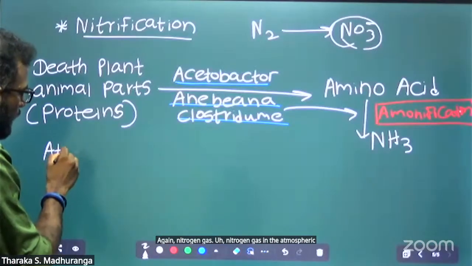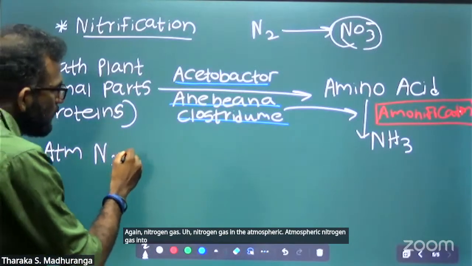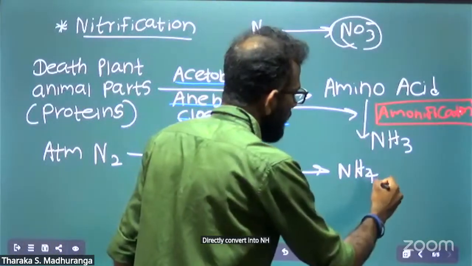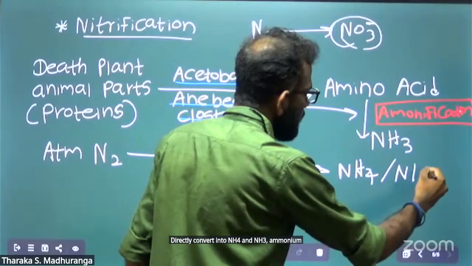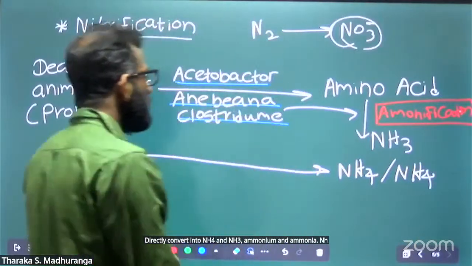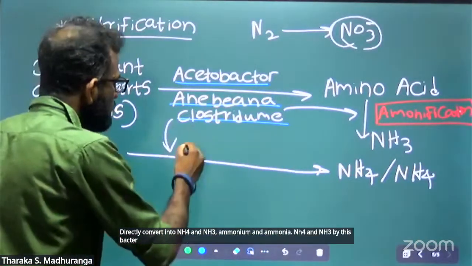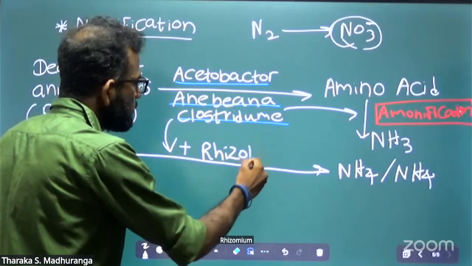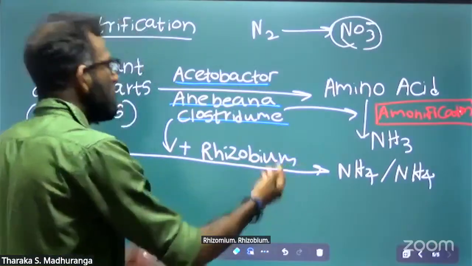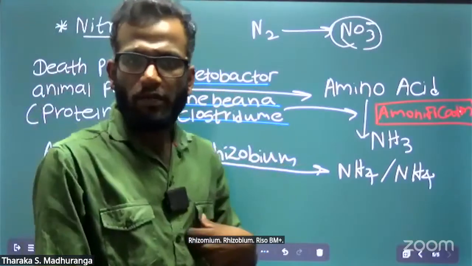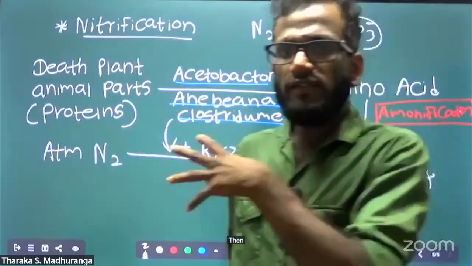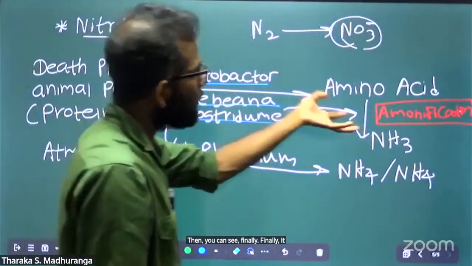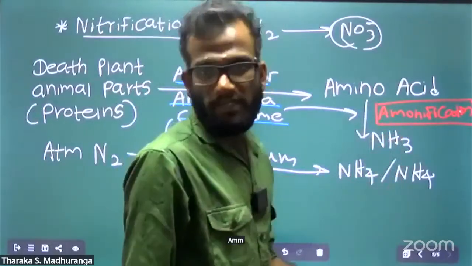Atmospheric nitrogen gas, N2 gas, is directly converted into NH4 and NH3, ammonium and ammonia, by these bacteria plus Rhizobium plus these freely available microorganisms. Then you can see finally it produces a lot of ammonia and ammonium mixture.